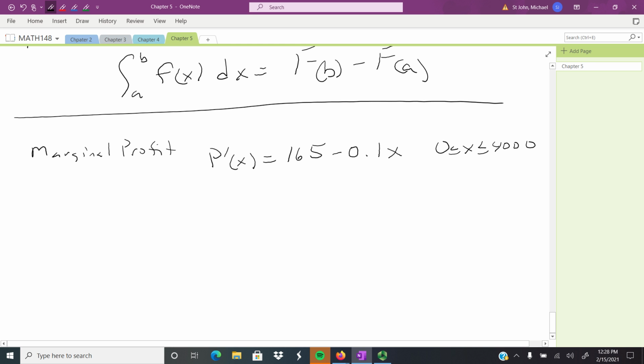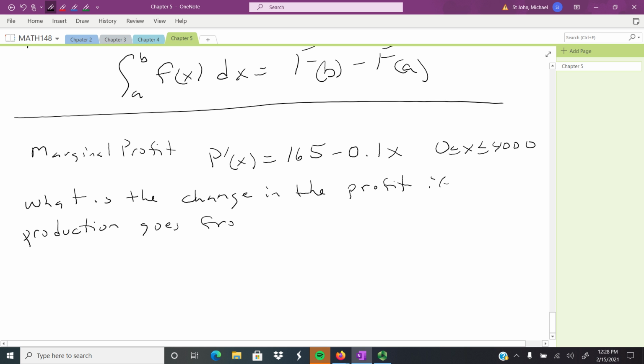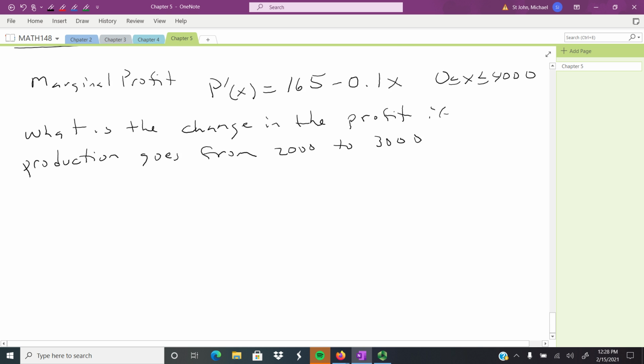I want to know the change in the profit if production goes from 2,000 to 3,000. So we're going to integrate from 2,000 to 3,000 of 165 minus 0.1x.